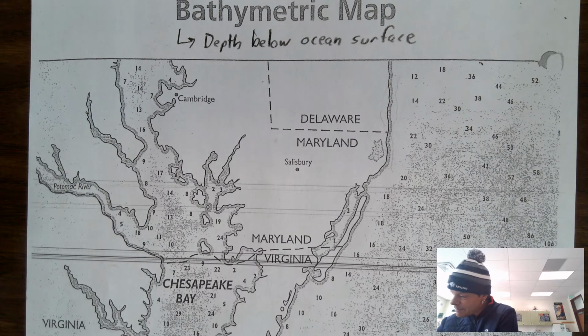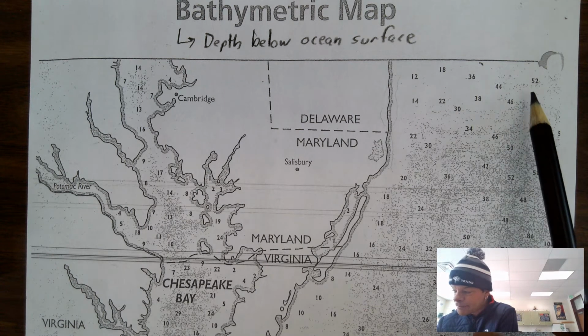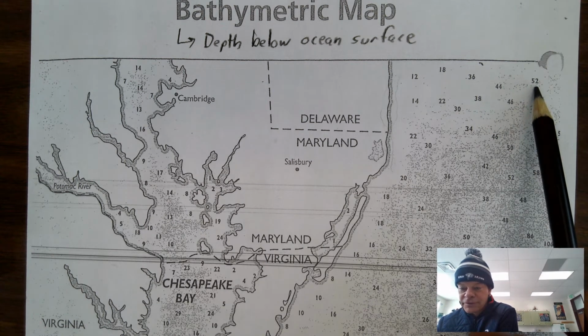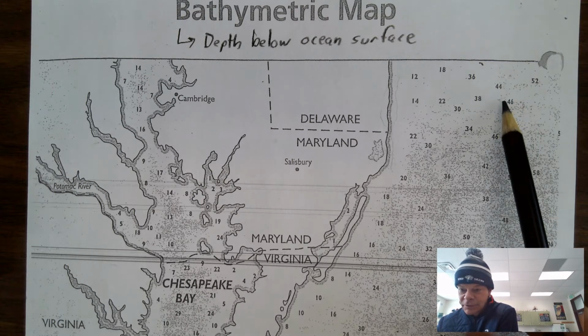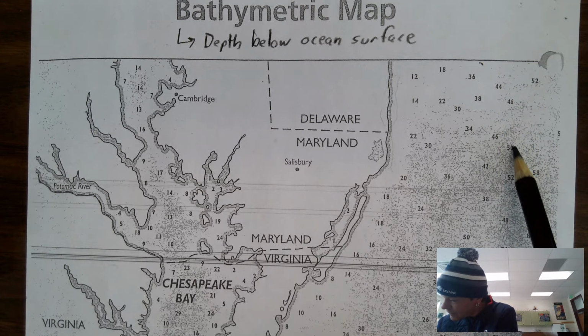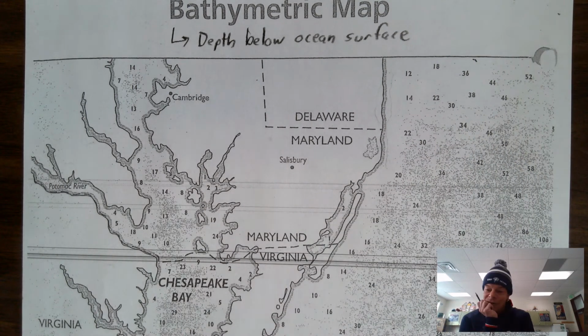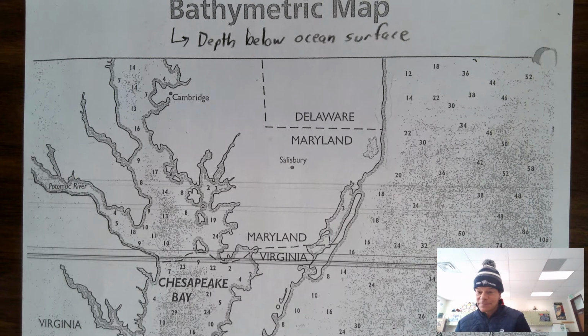So if we look on this map, we see all of these numbers. This point of the ocean floor is 52 meters down. This point is 46 meters down. This point is 50. This point is 34. So there's not a lot exactly on 60. So what we have to do is kind of estimate.